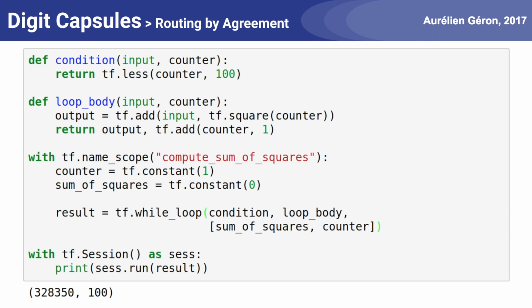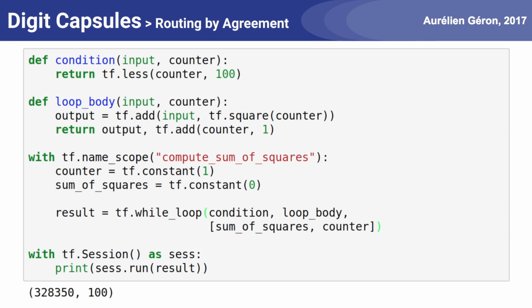Once you get it, you can try modifying my CapsNet implementation to use a dynamic loop rather than a static unrolled loop. Apart from making the code cleaner and the graph smaller, using a dynamic loop allows you to change the number of iterations using the exact same model. Also, if you set the swap memory parameter of the while loop function to true, TensorFlow will automatically swap the GPU memory to CPU memory when it can to save GPU memory.